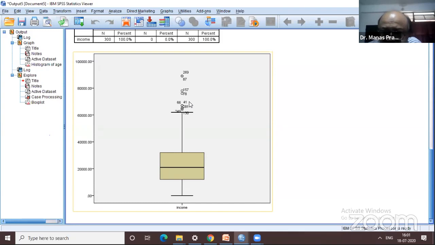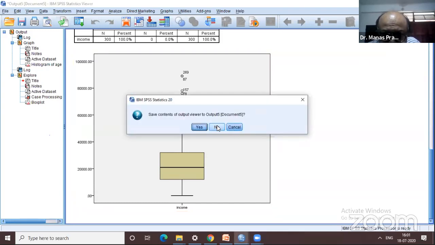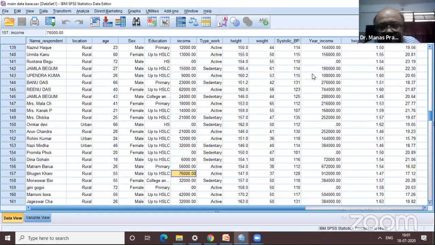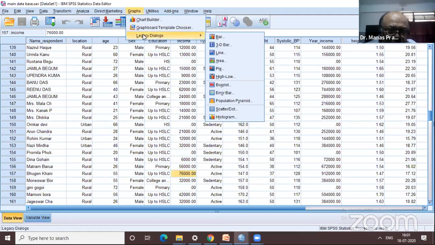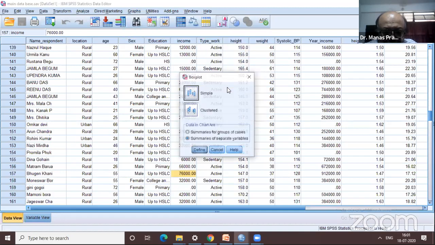So let us show you one more time how to make a box plot. Let us make a box plot for, suppose, age. For that I have to go to graphs, legacy dialog, box plot. Select it, then go to simple. Then we have to select summaries of separate variables, then define.